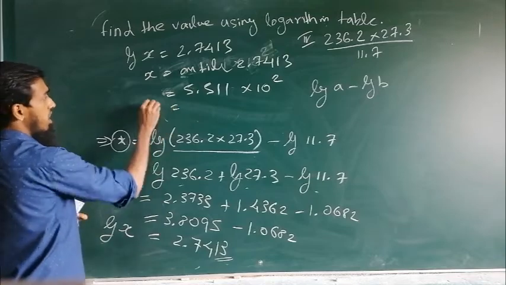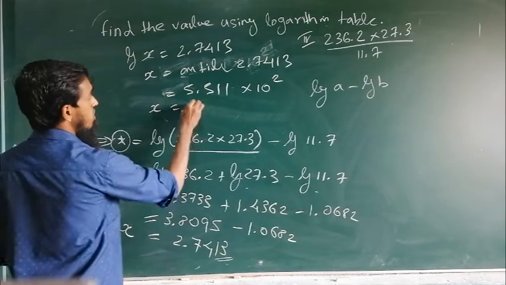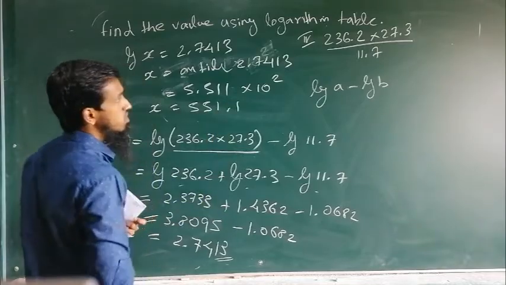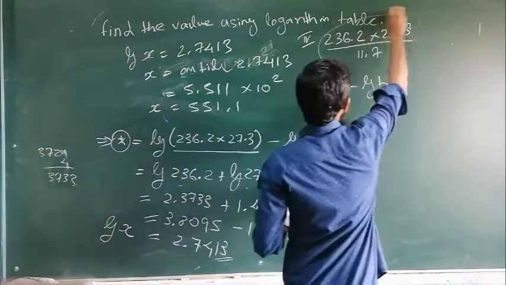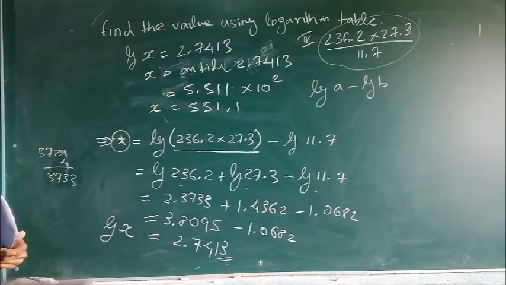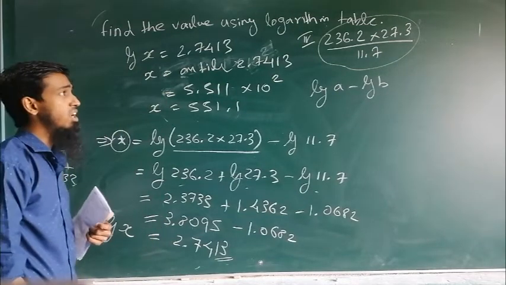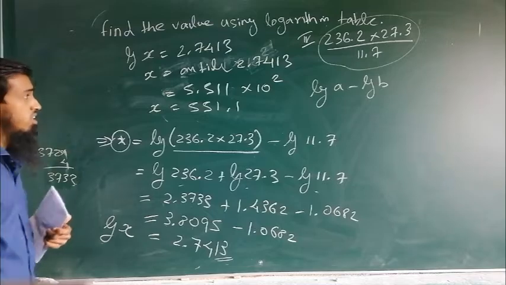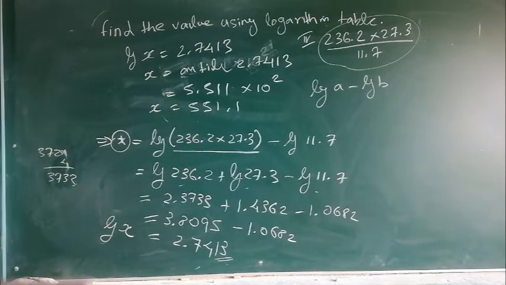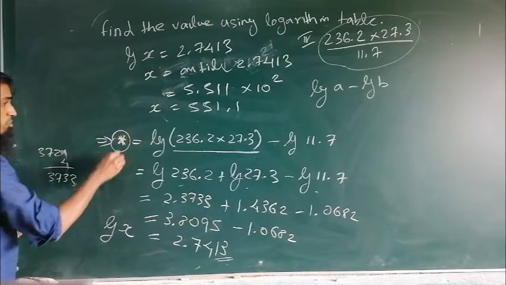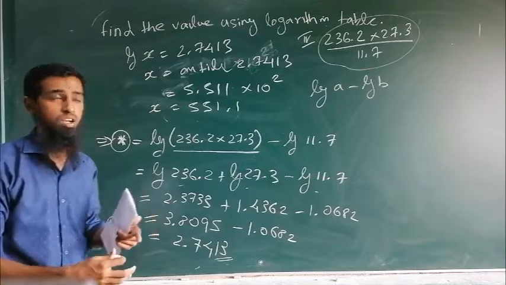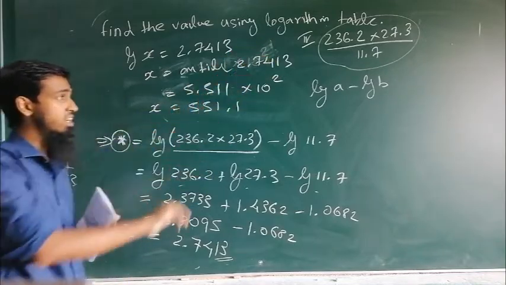Okay, final answer x will be 551.1. So if you multiply 236.2 by 27.3, then divide the value by 11.7, the answer will be 551.1. So you need to remember this particular step. It is only the additional part while we have multiplication and division.